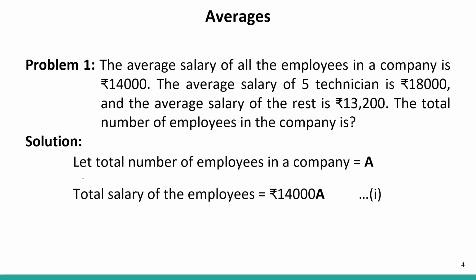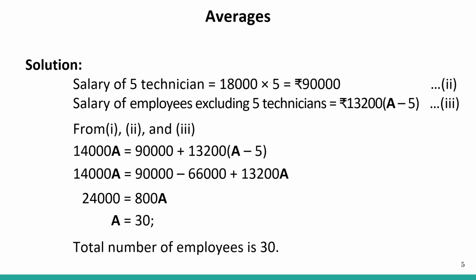Let's see the step-by-step solution. Let the total number of employees in the company be n. The total salary of those employees will be 14,000 n. The salary of the 5 technicians is 90,000. The salary of the rest is found by multiplying n minus 5 with the average.